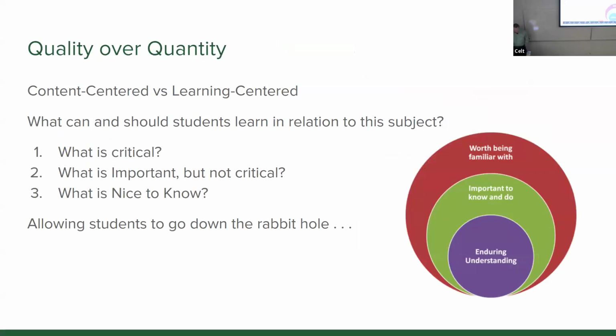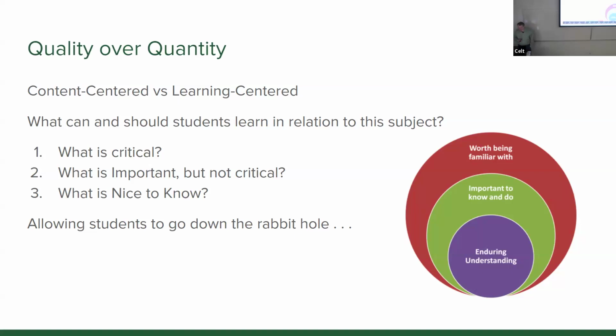So another thing I wanted to touch on was the idea of quality over quantity. So this goes back a little bit to our first day where we were talking about creating objectives and the idea of ranking the importance of your objectives. When we're providing information for our students, it really is easy to provide an overwhelming amount of information.